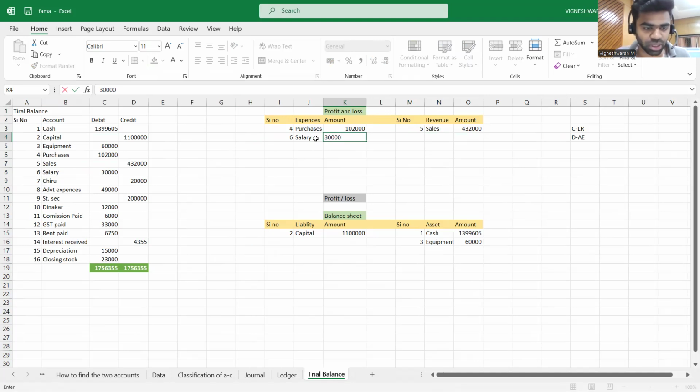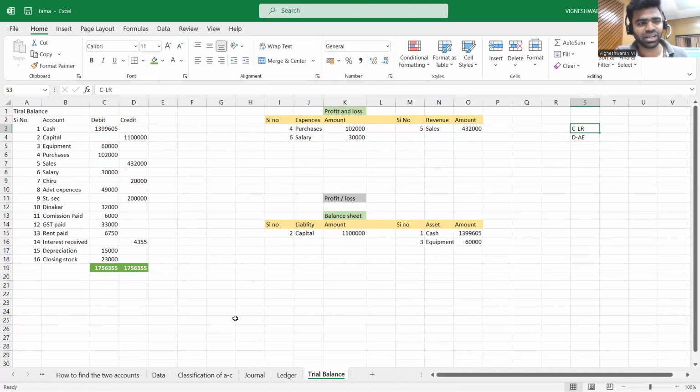Then the seventh one, Chiru. Chiru is on the credit side, so credit means liability or revenue. Don't worry: if something is on the credit side, it should either be a liability or a revenue.